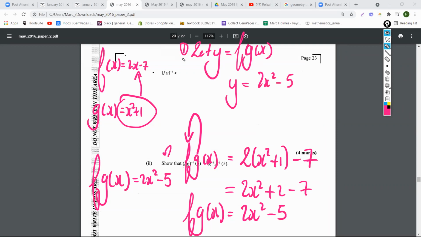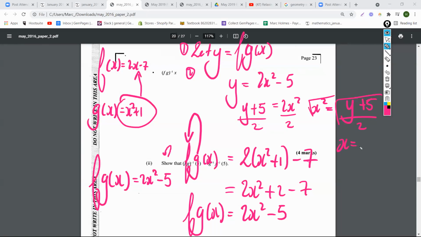That's the first step. The second step is to make x the subject. So we're going to say y plus 5 is equal to 2x squared. We divide both sides by 2 to get rid of the 2. So x squared is going to be equal to (y plus 5) over 2. And the last thing, we need to find the square root of both sides.